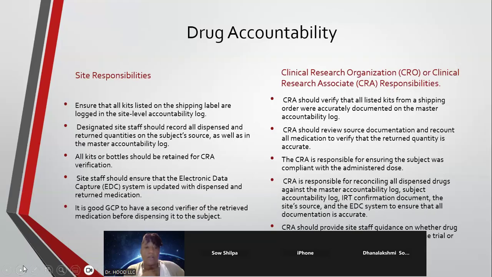All kits or bottles should be retained for the CRA verification. Again, we mentioned that two slides before, but it is so important that it's not destroyed. Now, if the medication is a shot, it is typical that it has to go in the sharps container.